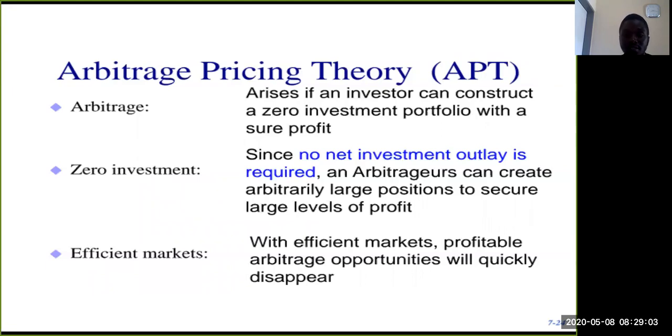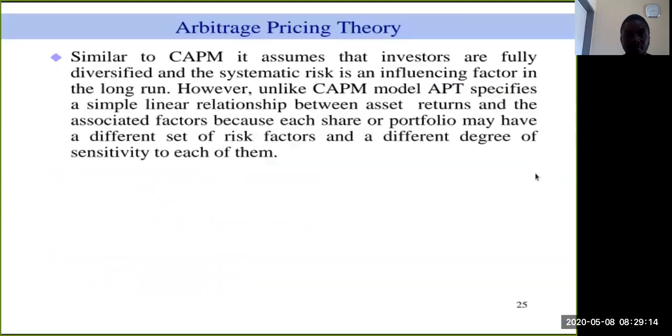Efficient markets: with efficient markets, profitable arbitrage opportunities will quickly disappear. Similar to the capital asset pricing model, it assumes that investors are fully diversified and that systematic risk is an influencing factor in the long run.